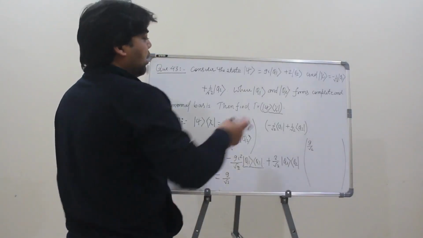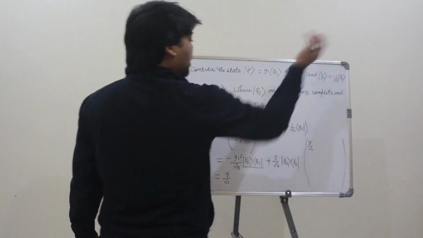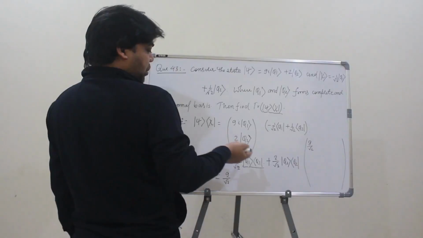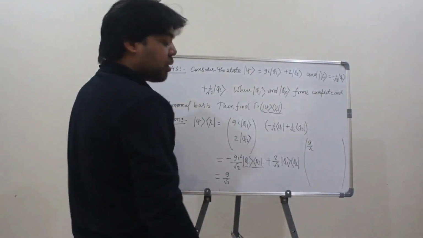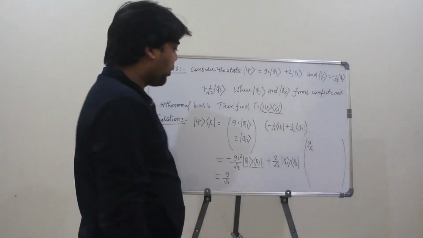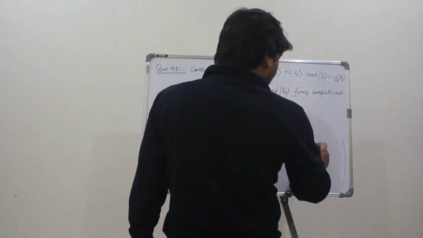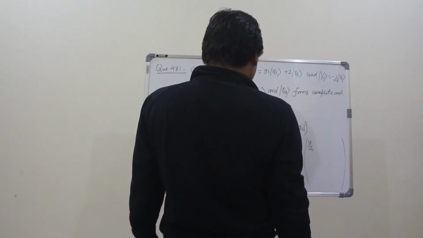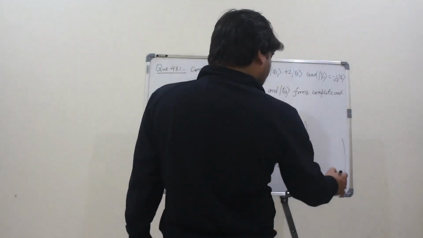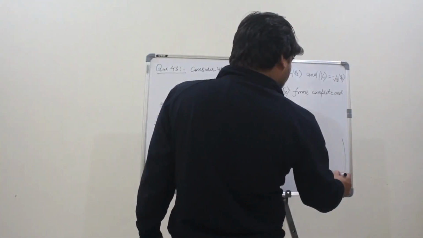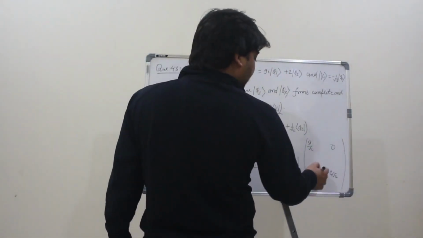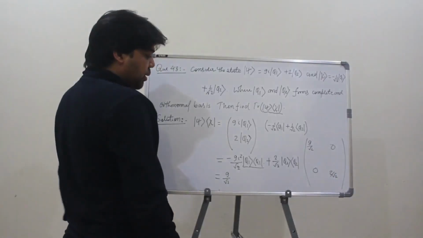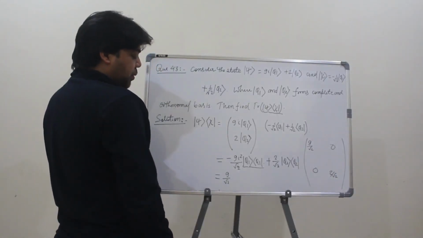So 9i, i square is minus 1, multiplied by 1. This gives you 9 divided by root 2, and this gives you 2 divided by root 2. Others are 0, the cross diagonal elements. So what does it give you?